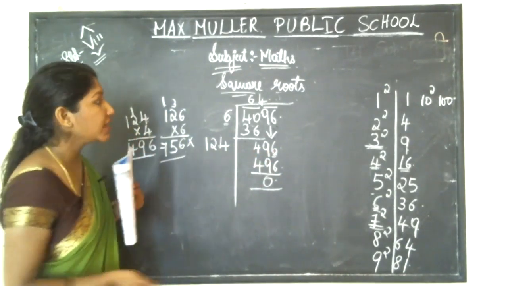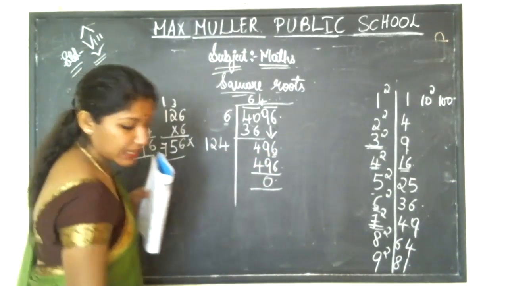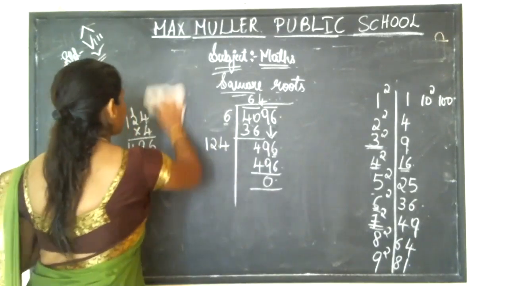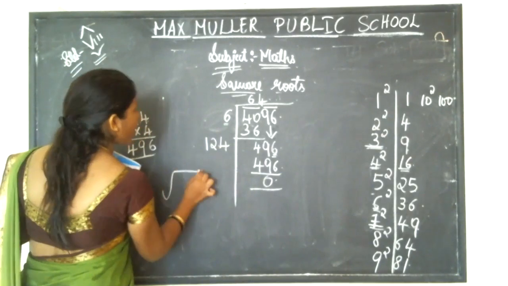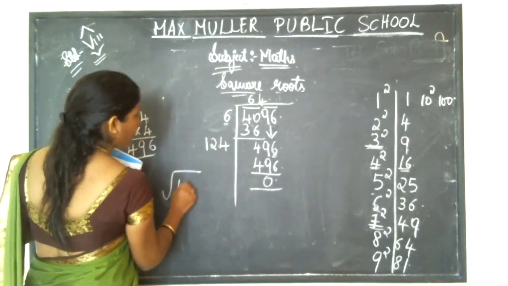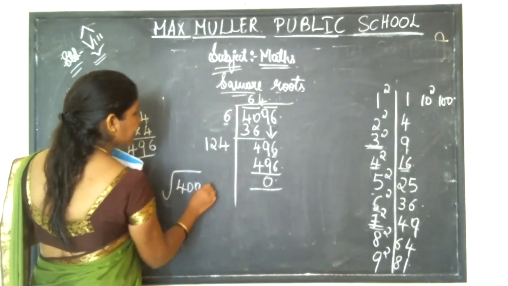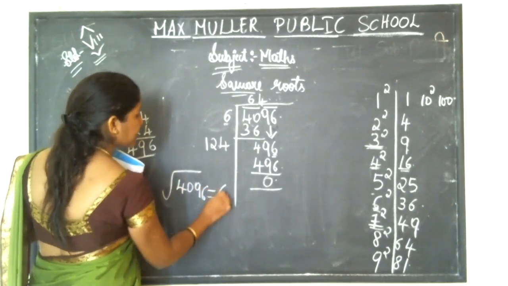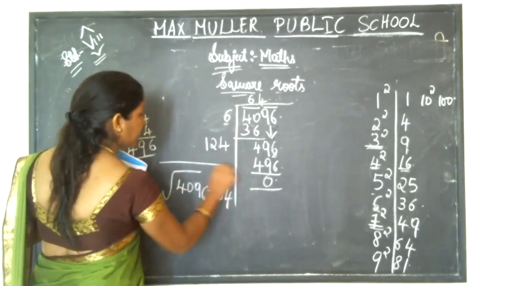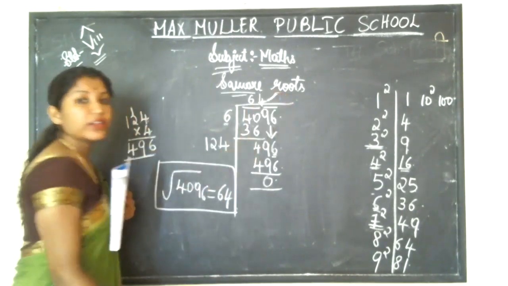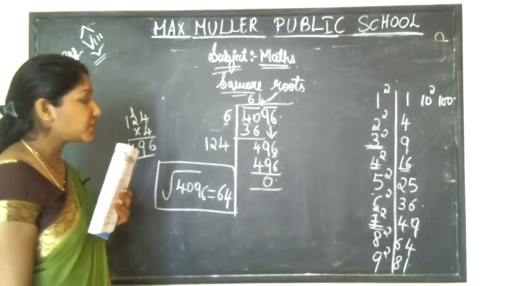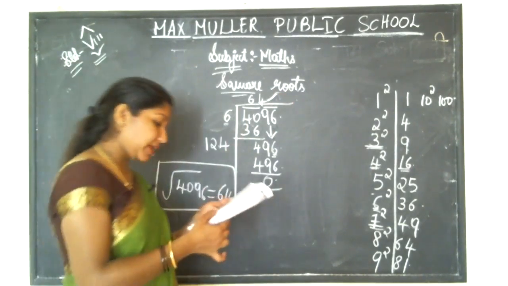Hope all understood. So finally you write here, the square root of 4096 is 64. This number you have to write. We'll go to the next problem.